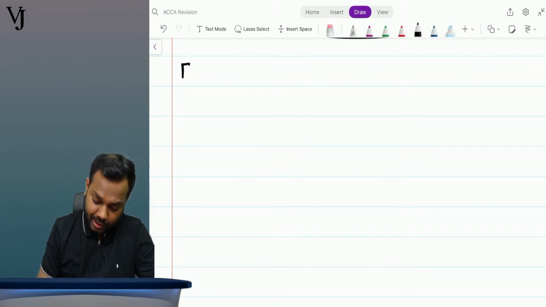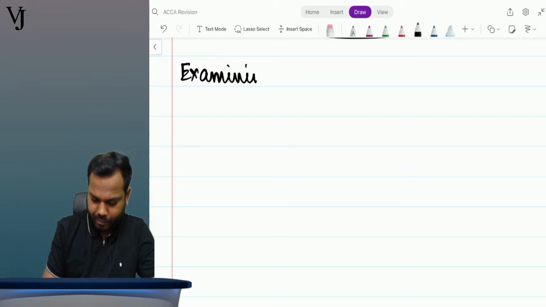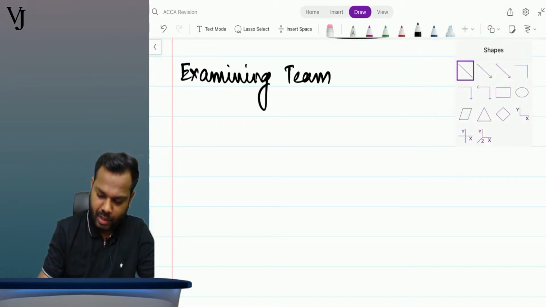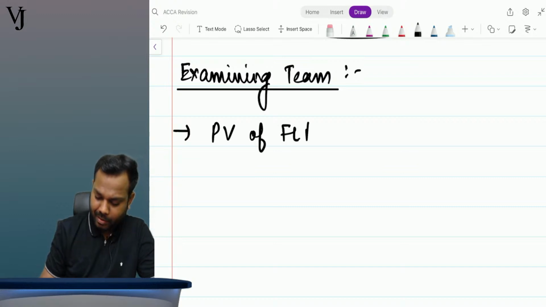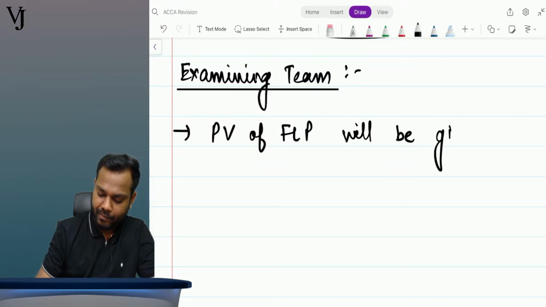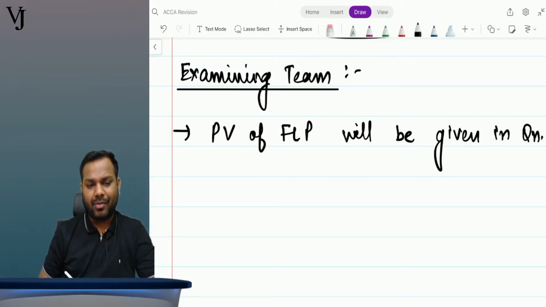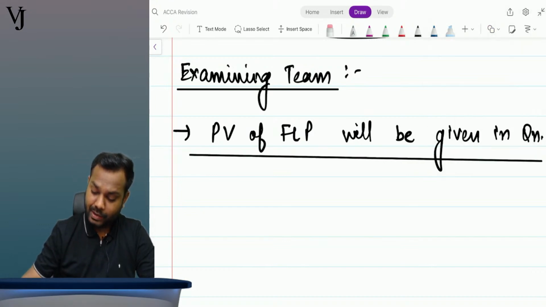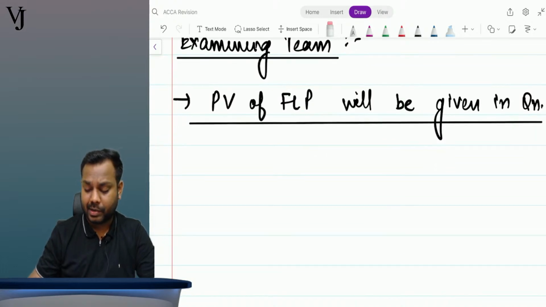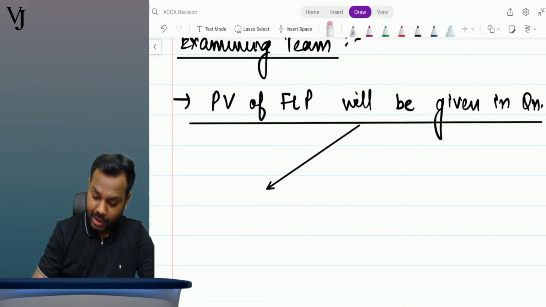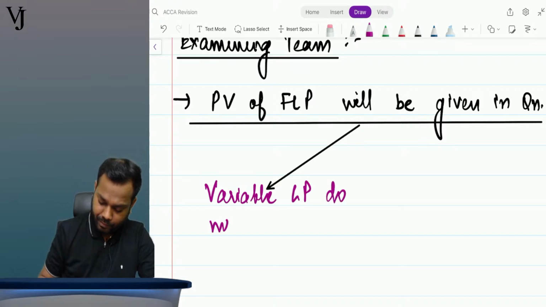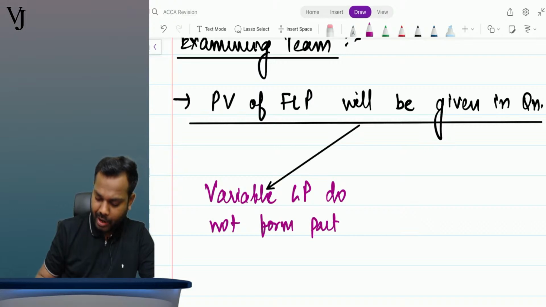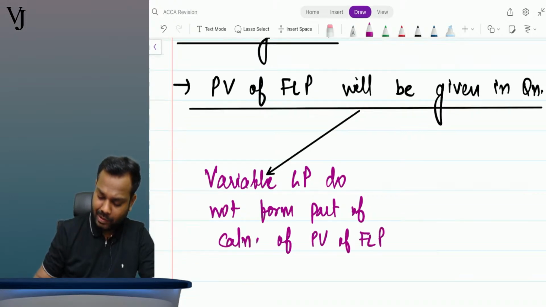The examining team mentions that the present value of future lease payments will be given in the question. Then why did I discuss this with you? For two reasons. First, to explain that variable lease payments do not form part of the calculation of the present value of future lease payments.